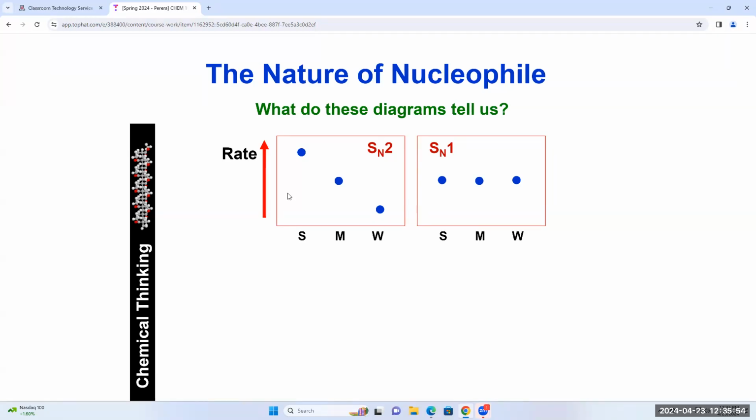The reason is, in SN1, the nucleophile does not participate in the rate determining step. And then for SN2, because you have both nucleophile and electrophile involved, the reaction rate depends on the nucleophile strength. So that's what we have.